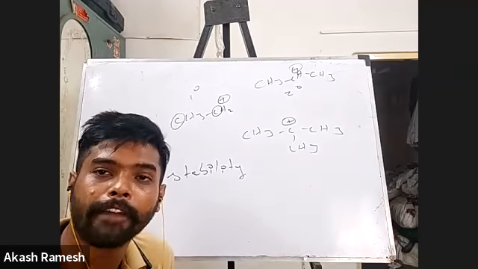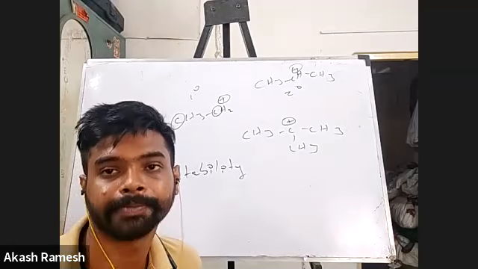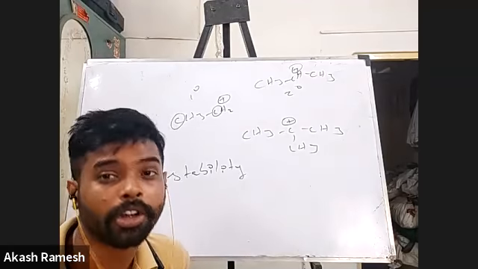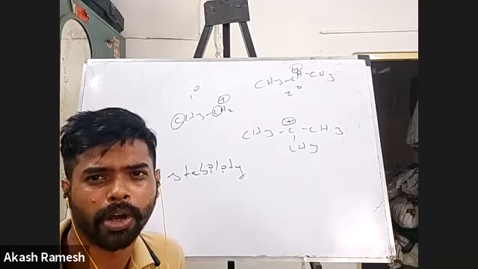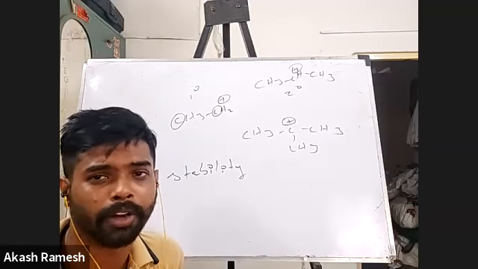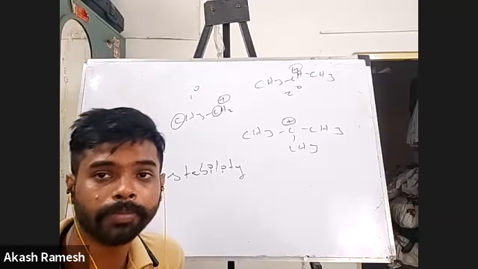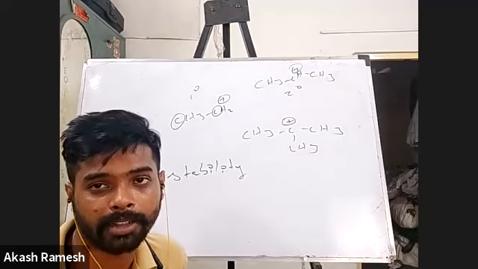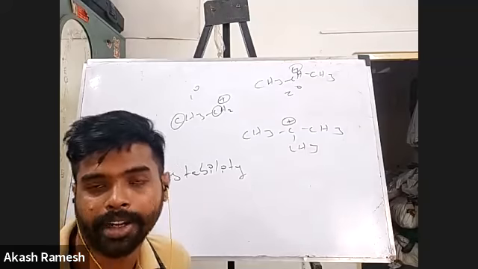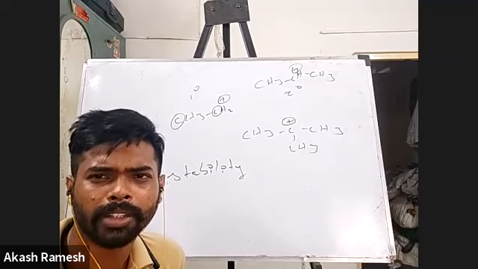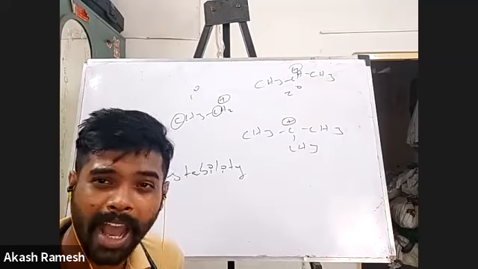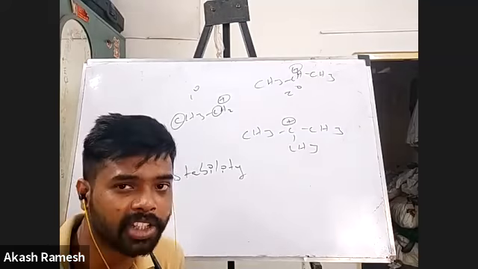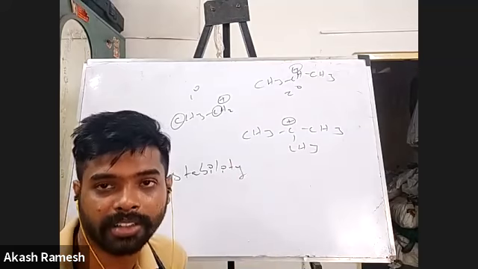If I have two charged species, we will not go for two neutral molecules because there are so many other parameters, like bond strengths, that will come in. For now, we restrict the discussion to two charged particles. How will you decide the stability? The one having lesser charge is more stable, because lesser charge is more towards the neutral side.